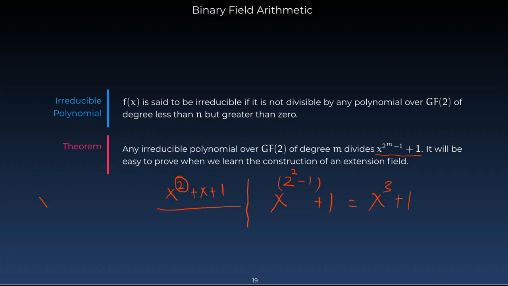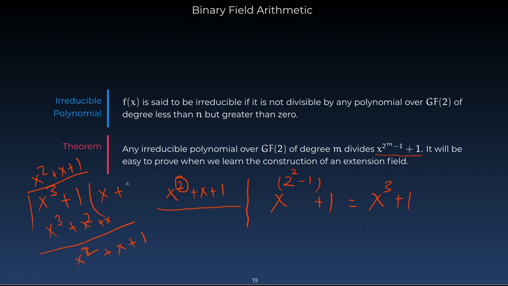You can see it right here, that x cube plus 1 when divided by x square plus x plus 1, we can multiply it by x. So you will have here x cube plus x square plus x, and the remainder in this case is x square plus x plus 1. Then the quotient has plus 1, and you will have x square plus x plus 1, and you see that this all cancels, so the remainder becomes 0.